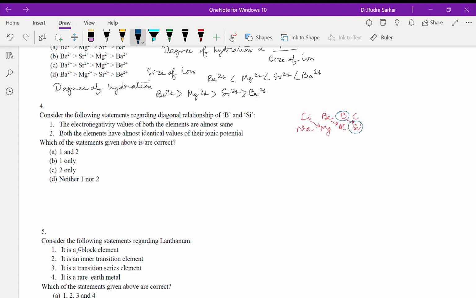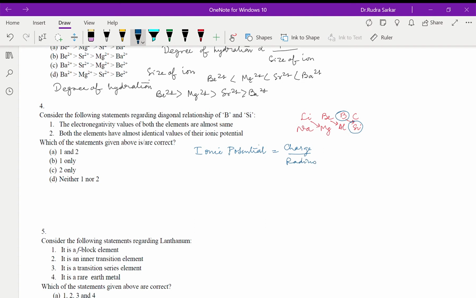Now, electronegative values of both the elements are almost same, which is true. Both the elements have almost identical values of ionic potential. So what is your ionic potential? Obviously, ionic potential means charge by the radius.